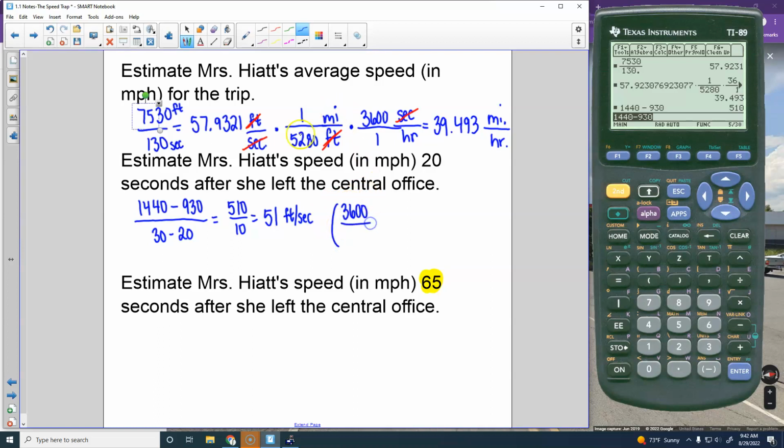I'm not going to do it out the long way like I did before, 5,280. That will change our feet per second to miles per hour. So if I take 51 and multiply it by 3,600, divided by 5,280. Green button. Hit the green button before you hit enter. I've got 34.7727.